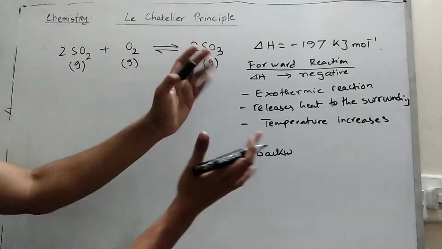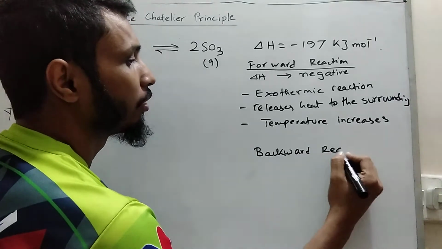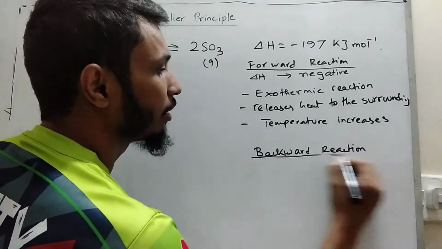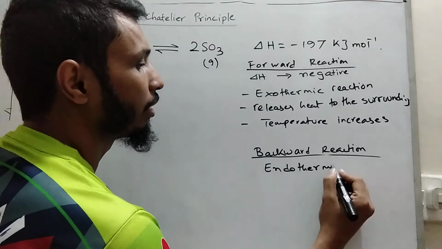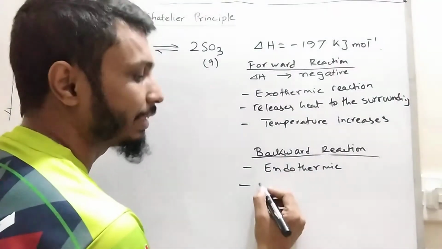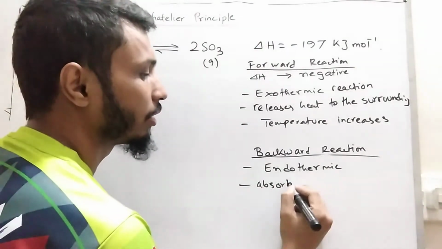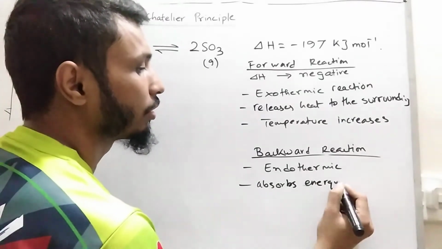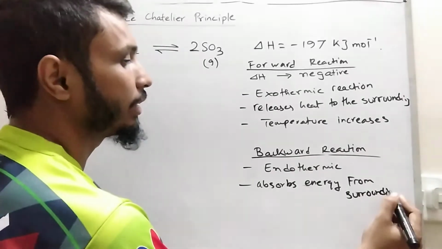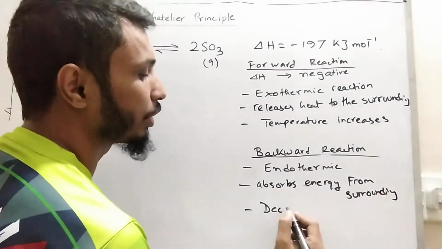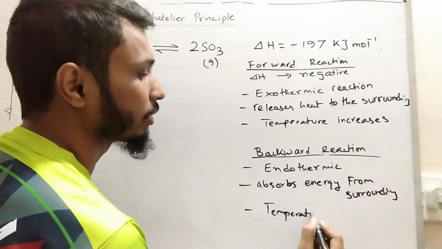If the forward reaction is exothermic, the backward reaction must be endothermic. And endothermic means it absorbs energy from surroundings, and this will result in a decrease in temperature.